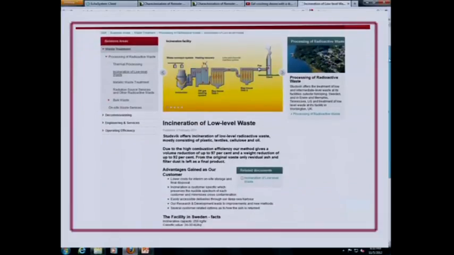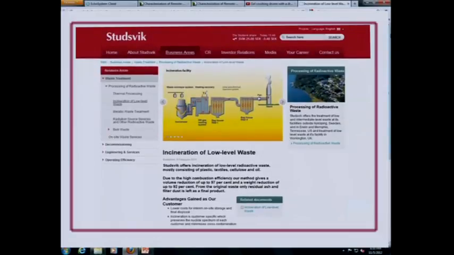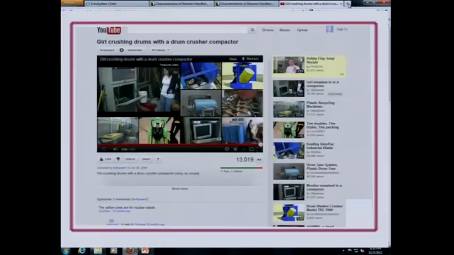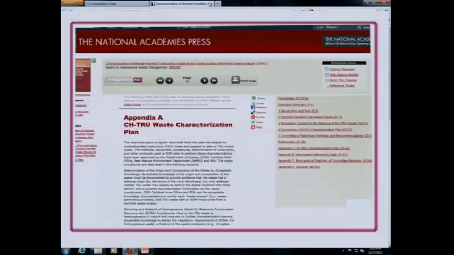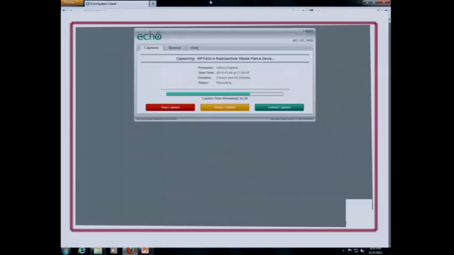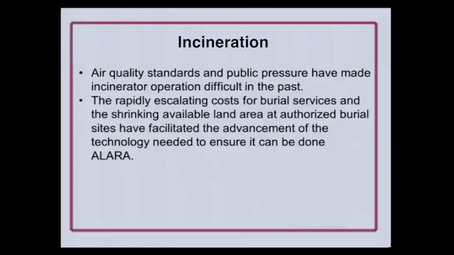I'm not sure. Swedish. But they do a lot of work in America. Any questions on incineration?